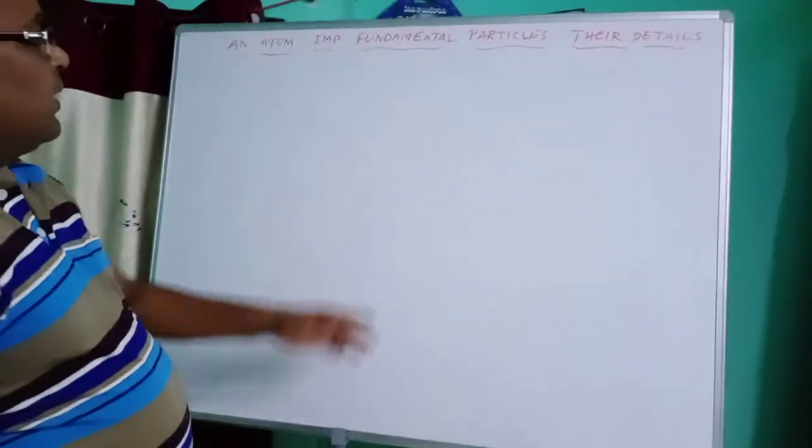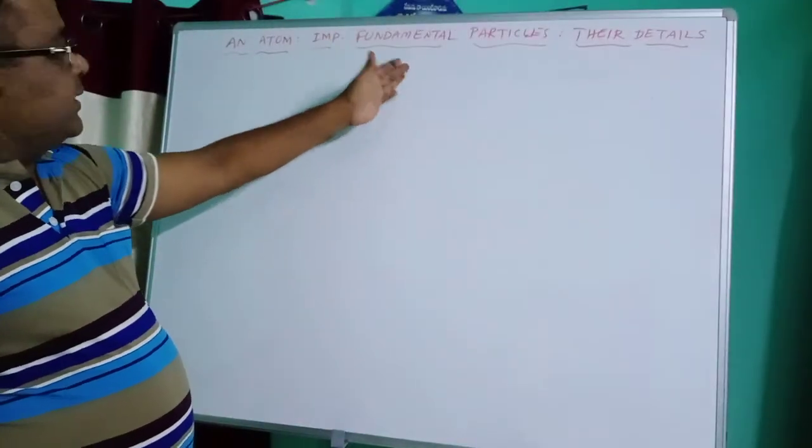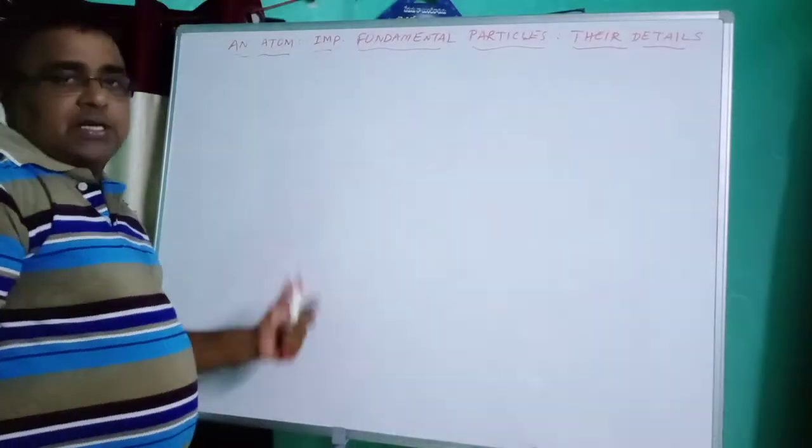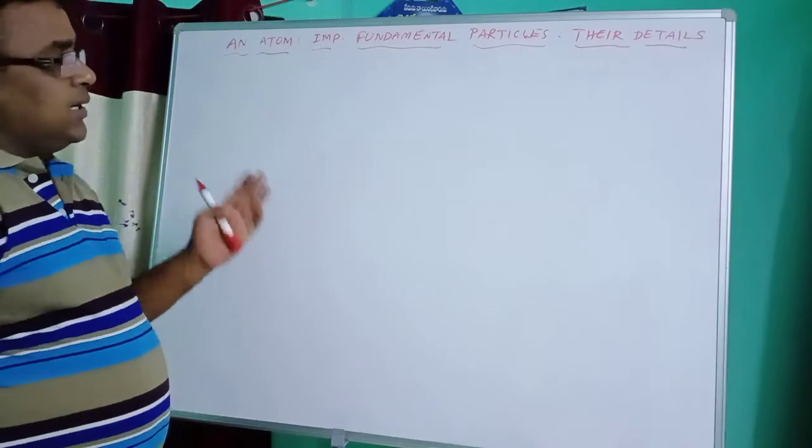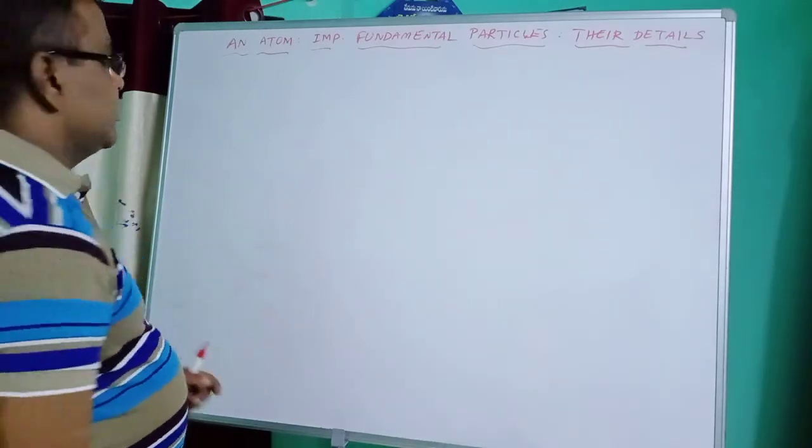So now we have explained about the important fundamental particles in an atom and their details. Earlier we said that an atom has three important fundamental particles. They are electron, proton, neutron.